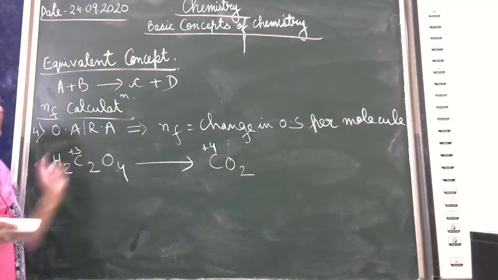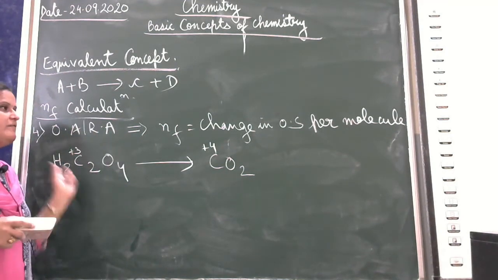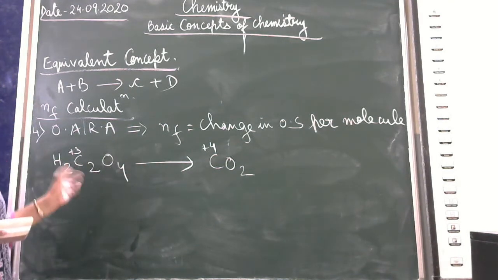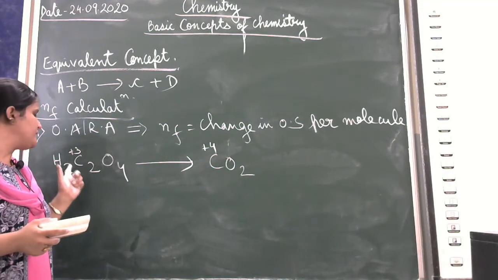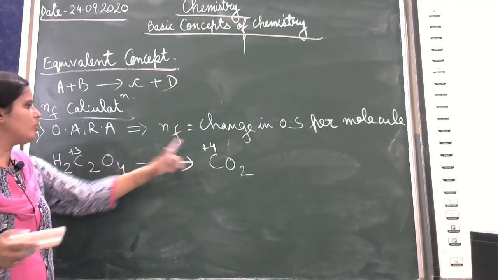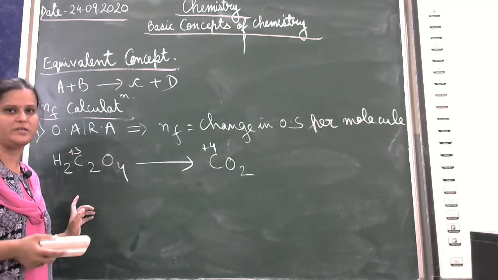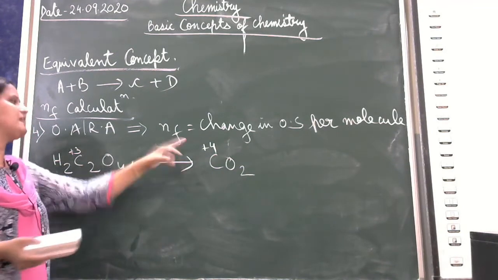You can see the change in the oxidation state from +3, an increase in oxidation state, so oxidation has taken place. If a substance is undergoing oxidation, it is itself a reducing agent because it will reduce other substances and itself will get oxidized.